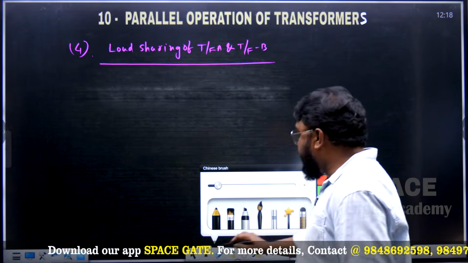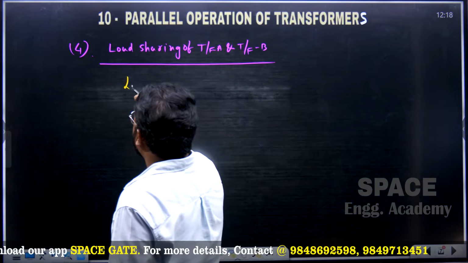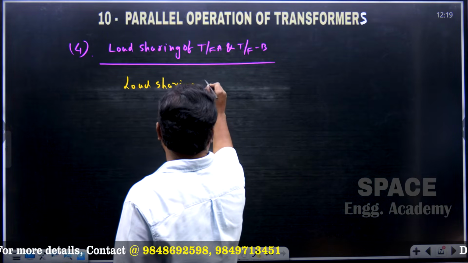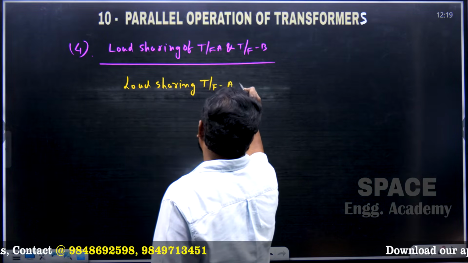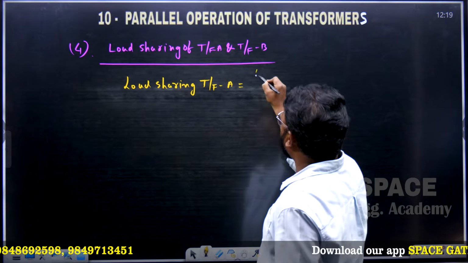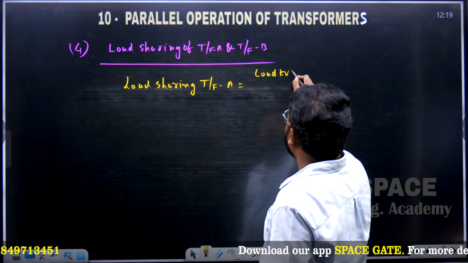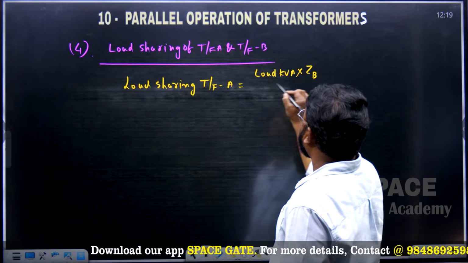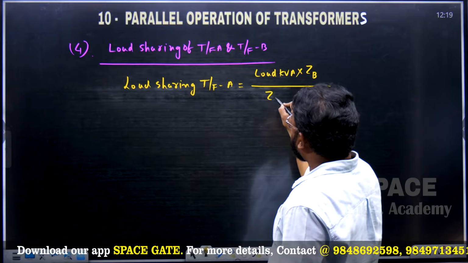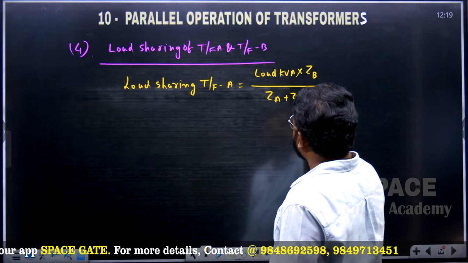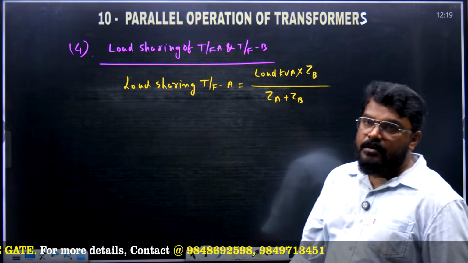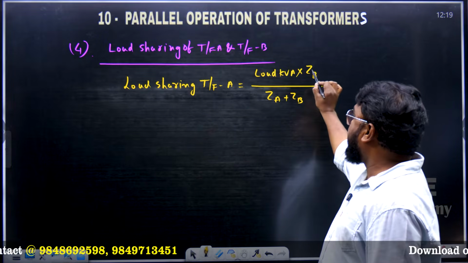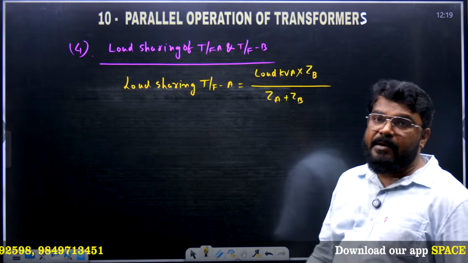Load sharing of transformer A is equal to load KVA multiplied by impedance of transformer B divided by impedance of transformer A plus impedance of transformer B. So load sharing of transformer A is always load KVA into ZB by ZA plus ZB.